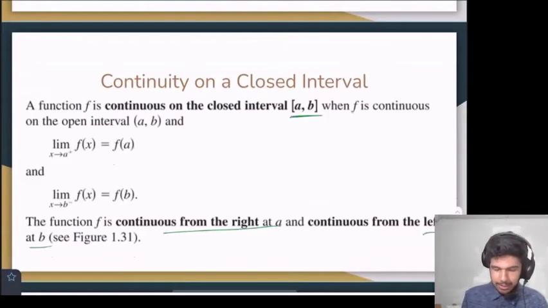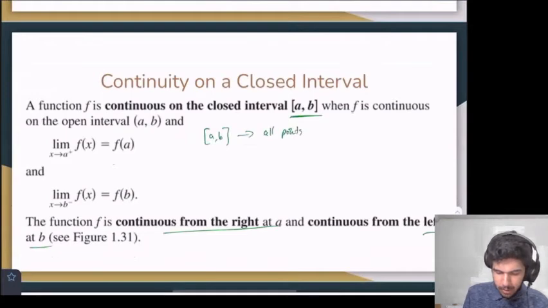So let's define these things. When we have closed brackets a and b, it's all points from a to b, including a and b.